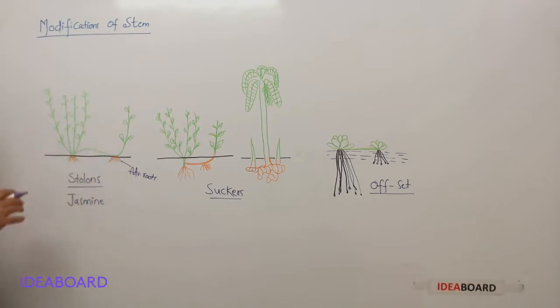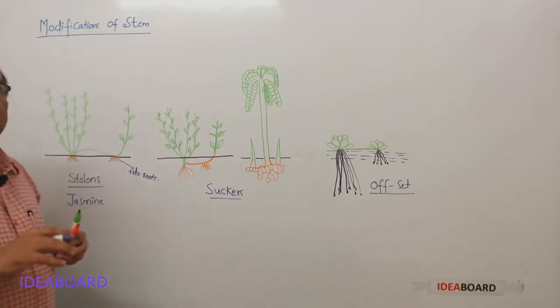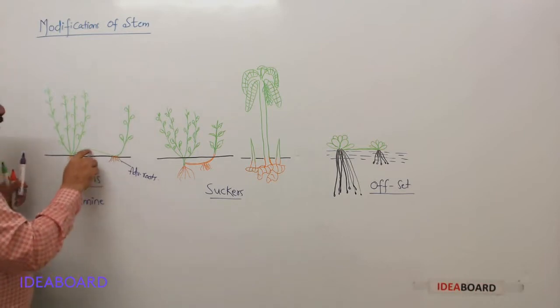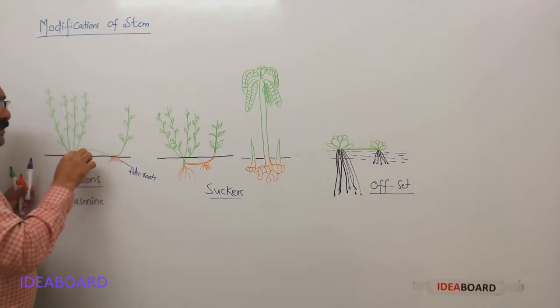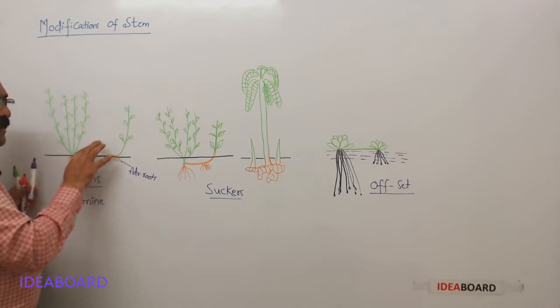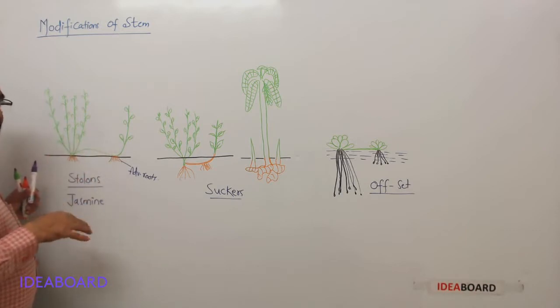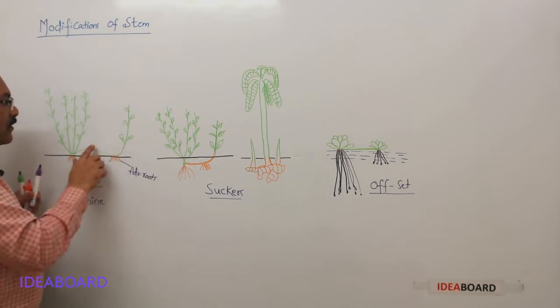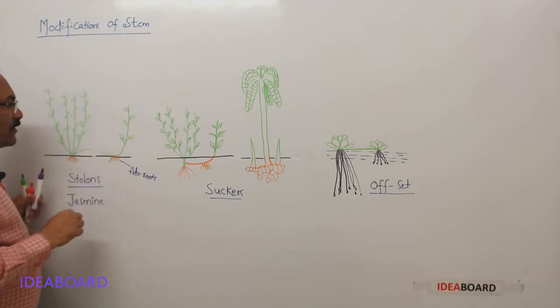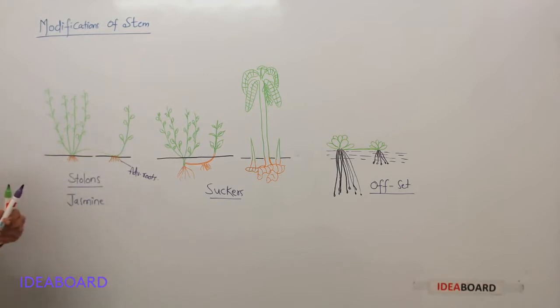Okay, and this branch can become an independent plant once this connection weakens and it gets destroyed. Or otherwise, suppose a person wants this plant to be separated, what we will do, we sever it and we separate this one.